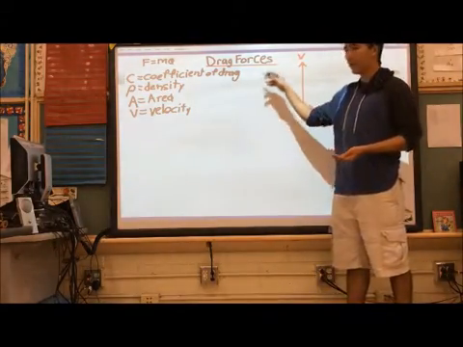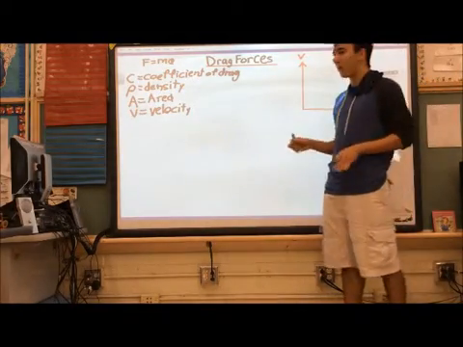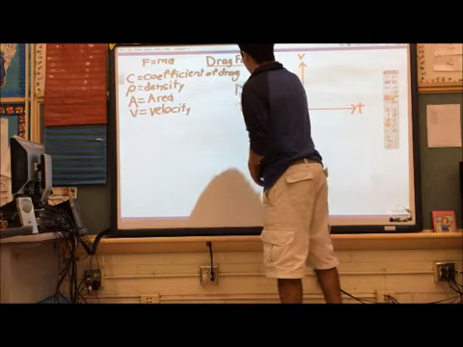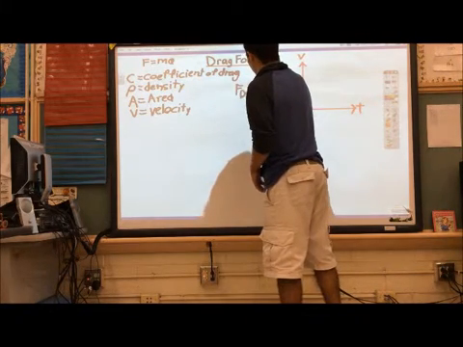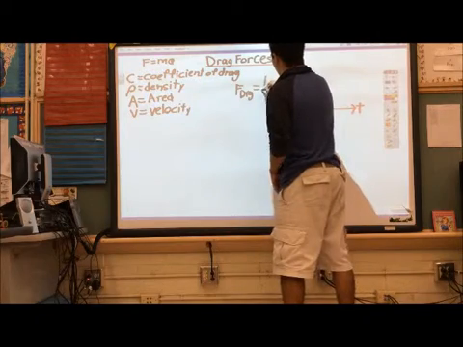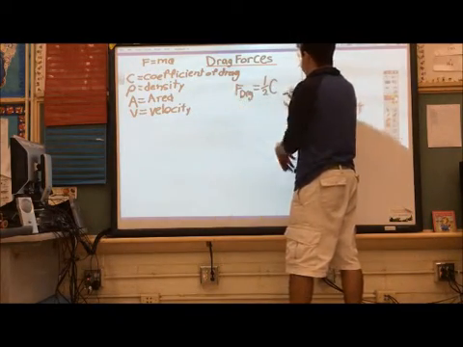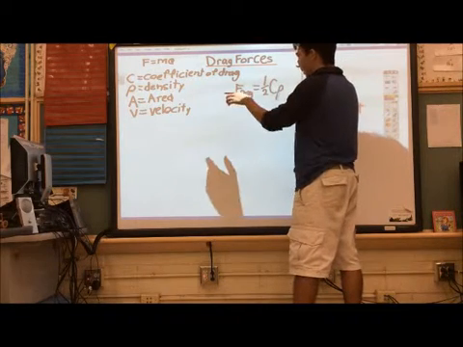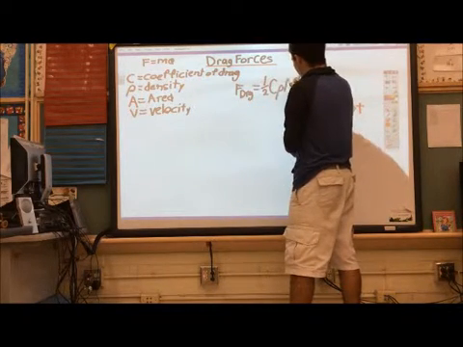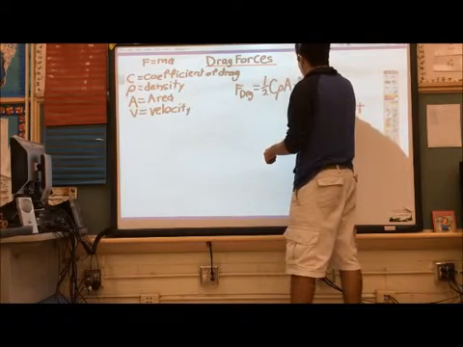So all of these can be modeled into an approximated equation. Force of drag is equal to 1/2 the coefficient of drag times density of the fluid, the area, and velocity squared.